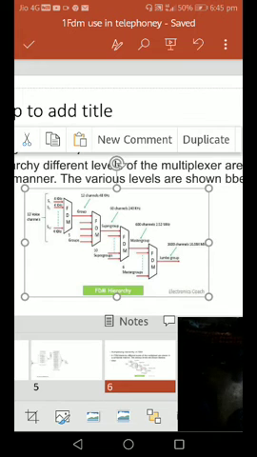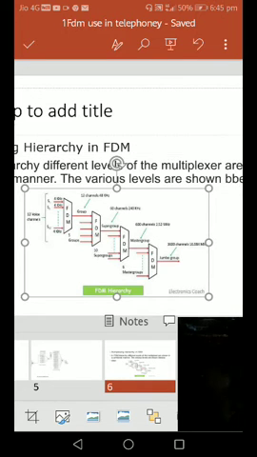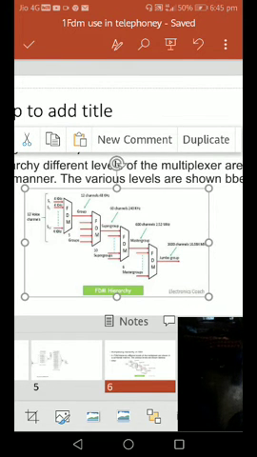10 groups we multiplex here. Super groups 10 into 60 means 600 channels, and the bandwidth is equal to 2.52 megahertz. The output is called the master group. That is, the master group has a total of 600 channels, and bandwidth of 2.52 megahertz.